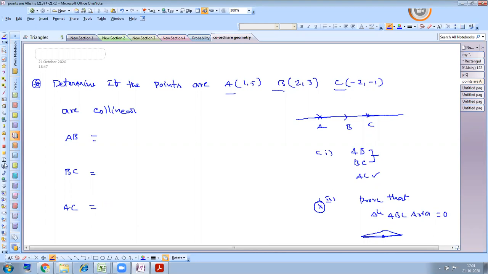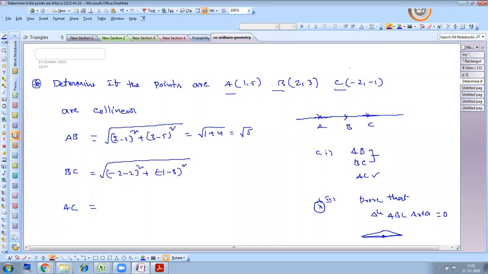What is the AB distance? Root of (2 minus 1) whole square plus (3 minus 5) whole square. This is 1 plus 4, root 5. BC: root of (minus 2 minus 2) whole square plus (minus 11 minus 3) whole square. Sorry guys, this is 11. So minus 11 minus 3 whole square.